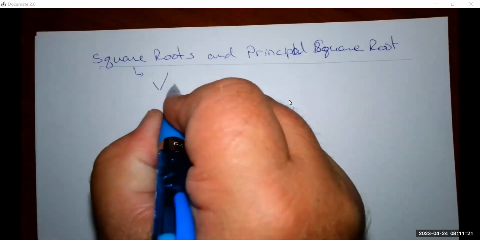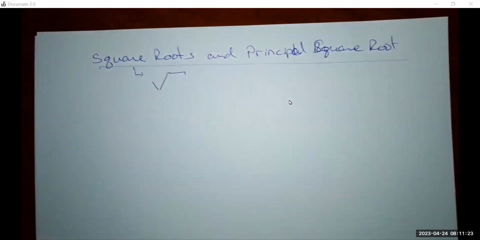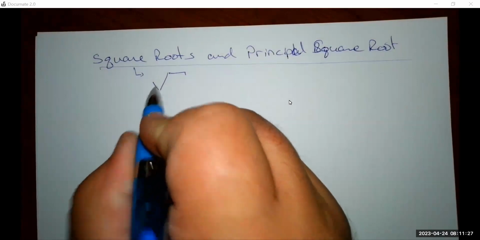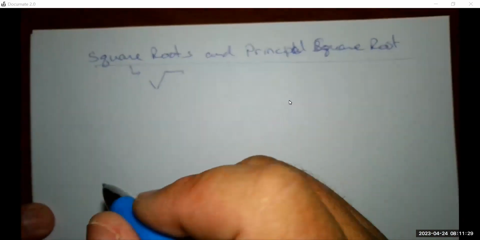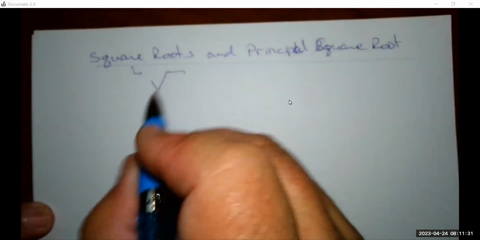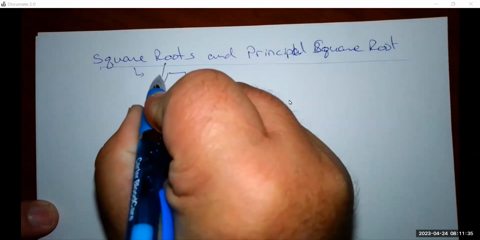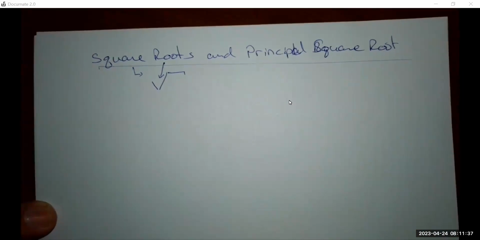Square roots are denoted by that symbol. The reason that's called square root, which we're going to do some examples of later, is because the number inside here, in that little v, is called a root.